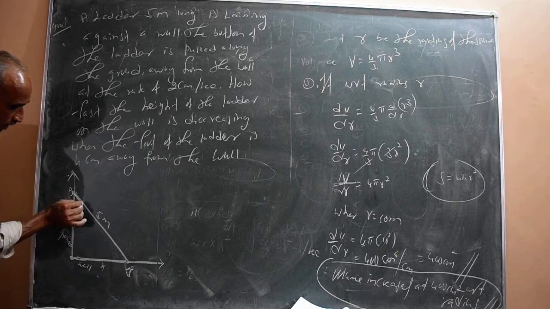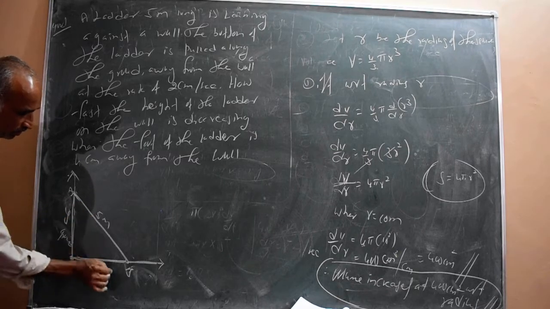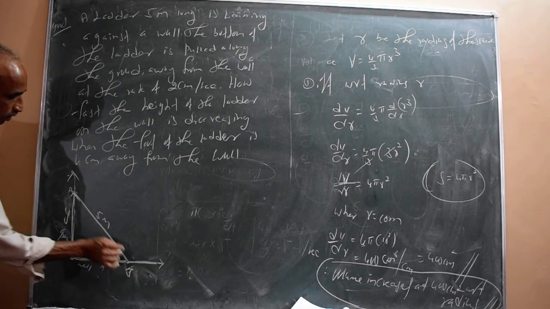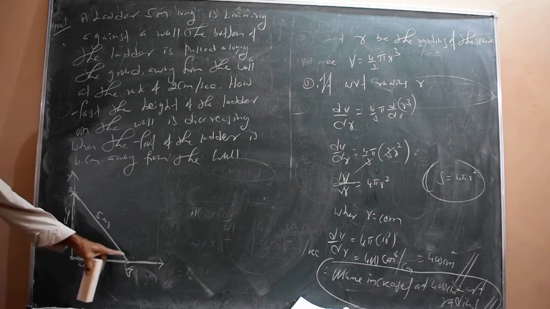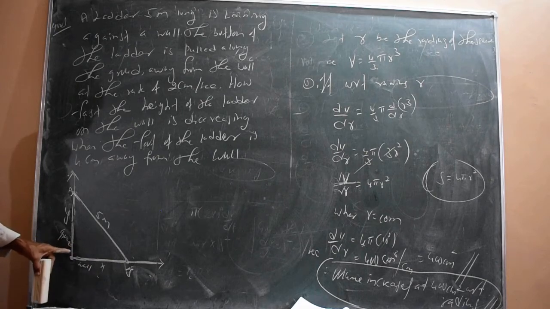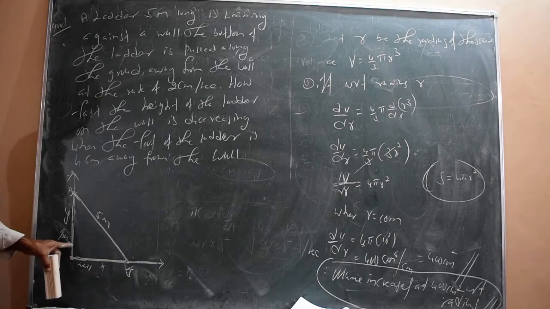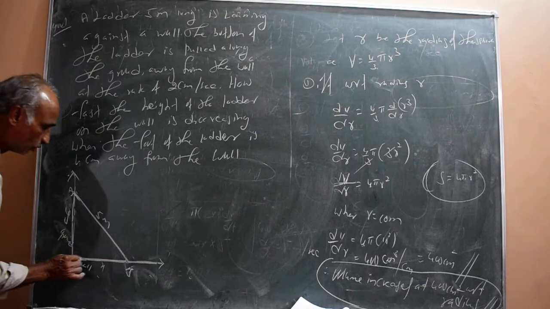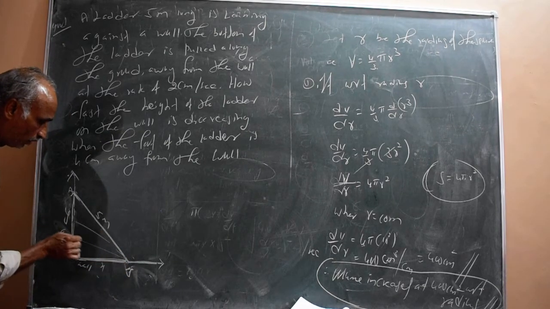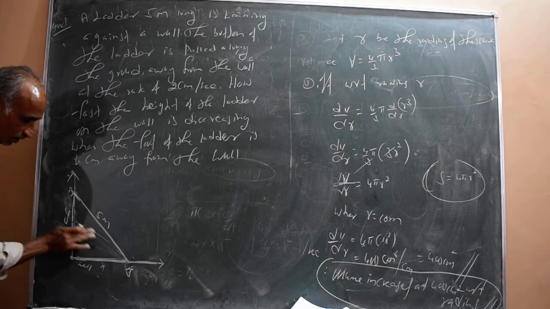Here is the ladder, here is the ground, here is the bottom. This distance is not taken. So it is the wall and the ladder. The distance between the wall and the bottom of the ladder should be taken, not this one, not this one. These are not perpendicular distances.